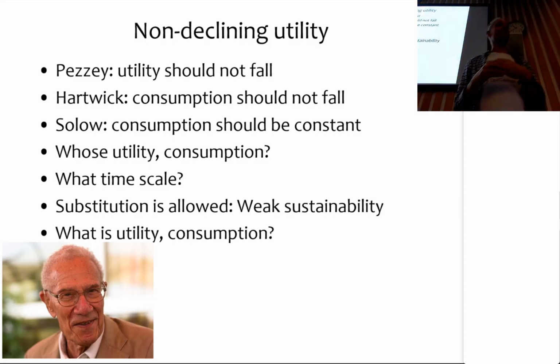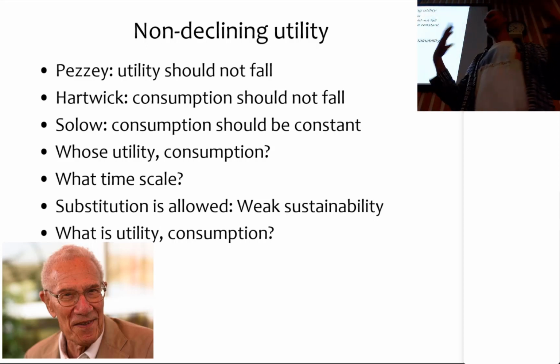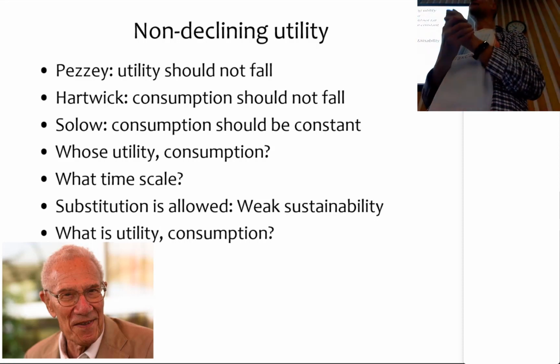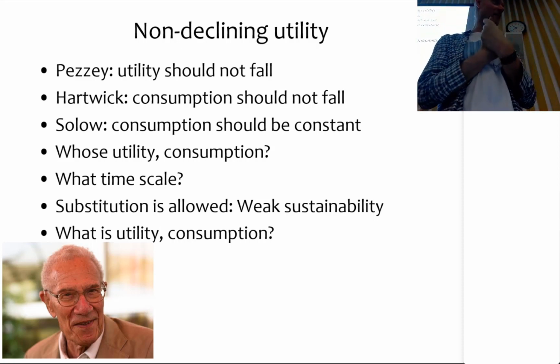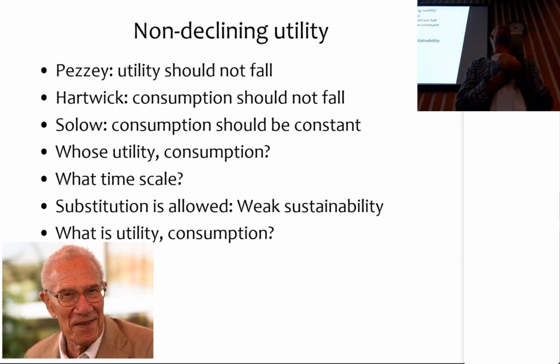Does this hold for the average or for the median? That is not defined, right? Also, when we say that things should not fall or things should be constant, then we haven't specified on what timescale that is allowed, right?